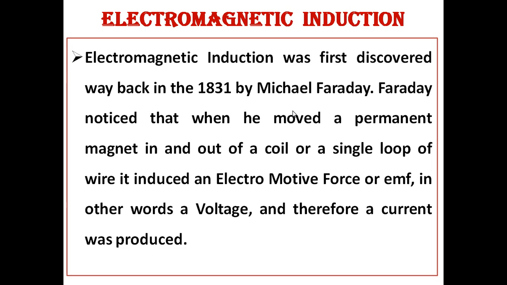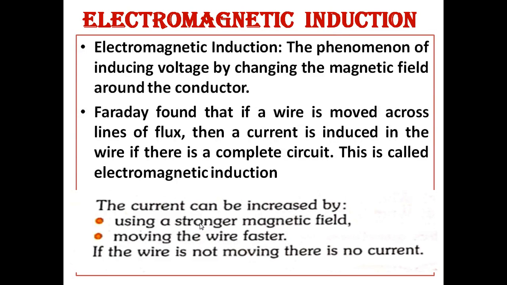Faraday noticed that when he moved a permanent magnet in and out of a coil or a single loop of wire, it induced an electromotive force, which we call EMF. In other words, we also call it voltage, and therefore current was produced.